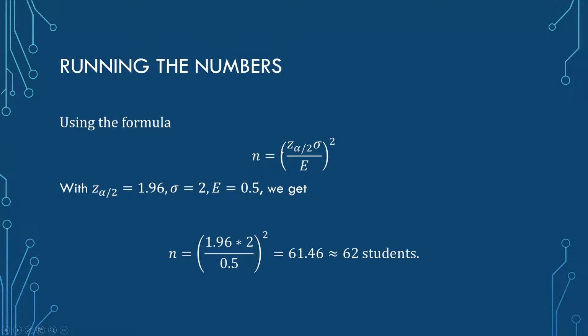So in goes critical value, sigma, E, and crunch those numbers, and I get 61.4 people, and I can't ask 61.4 people, and 61 is not enough, so I have to round up to 62 students. That's what N should be here.